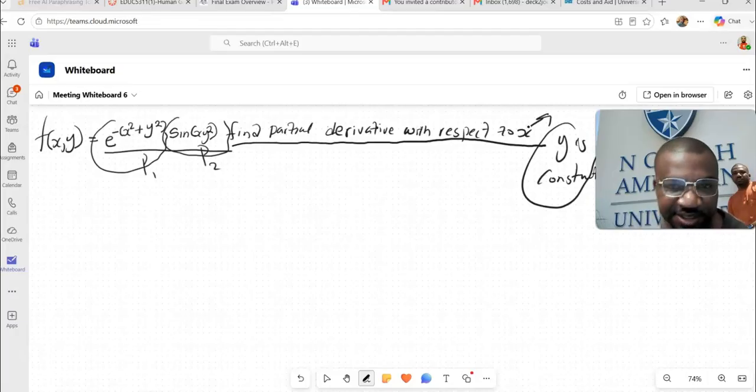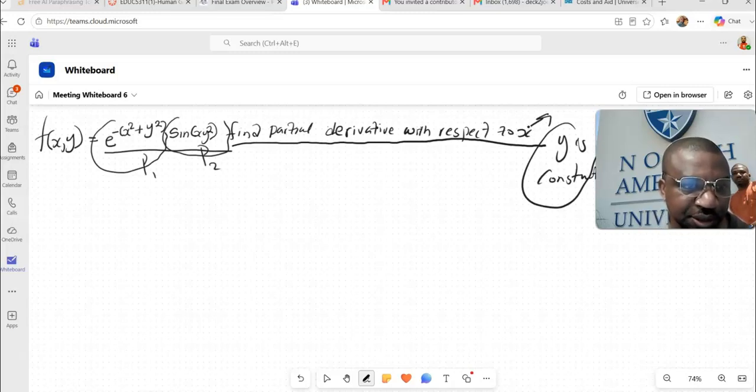We're going to find a derivative with respect to x in P1 and also in P2. To do that, let me use U and V to represent my products, P1 and P2.